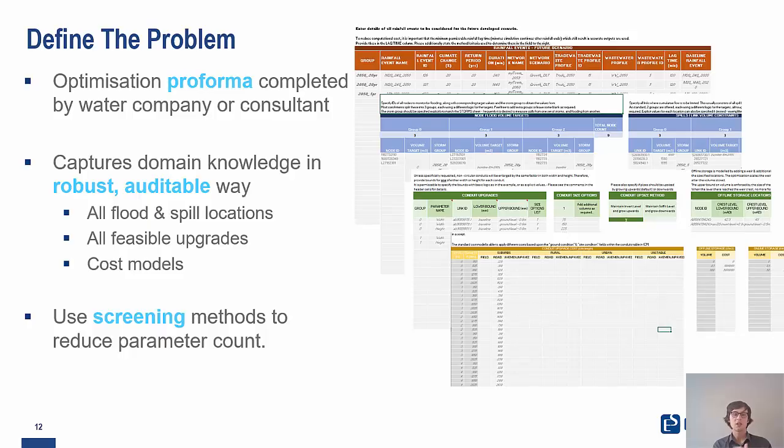And I suppose the key items that go in here are basically a list of all the flood and spill and other performance requirements in one set of tables, a list of all of the various feasible upgrades in another, and generally this is quite easily generated by some sort of standard GIS-based processes. For example, just checking for pipes that aren't under buildings or nodes where there's some green space available to add storage or whatever.